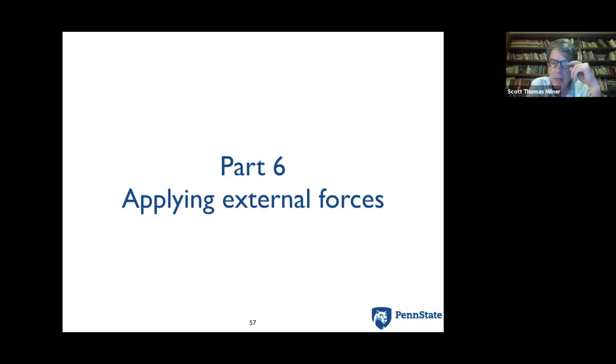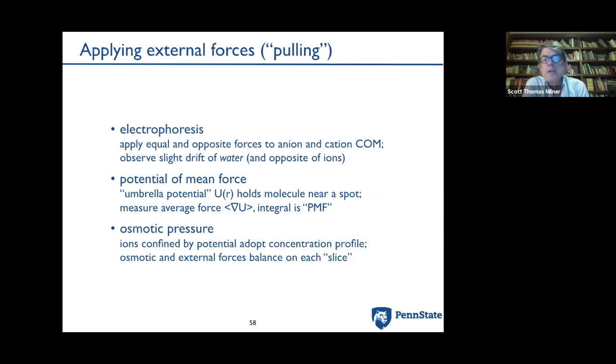And there are a lot of capabilities in GROMACS for that purpose, and a lot of uses that that kind of thing has. So the name for that kind of technique is in general called pulling, for historical reasons, because one is applying some force and pulling on some biomolecule to see what it does.